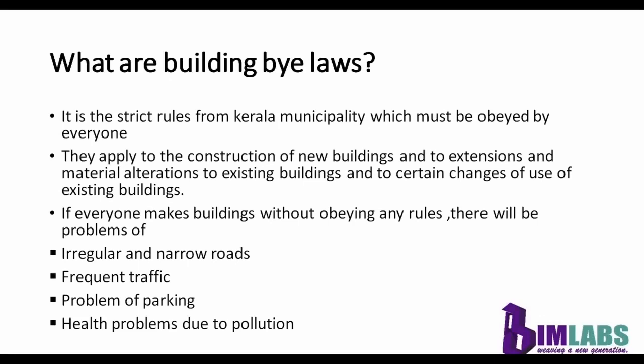The National Building Code was published in 1917 by the Bureau of Indian Standards in order to maintain uniform building regulations throughout the country. This code was revised in 1983 and 2005.